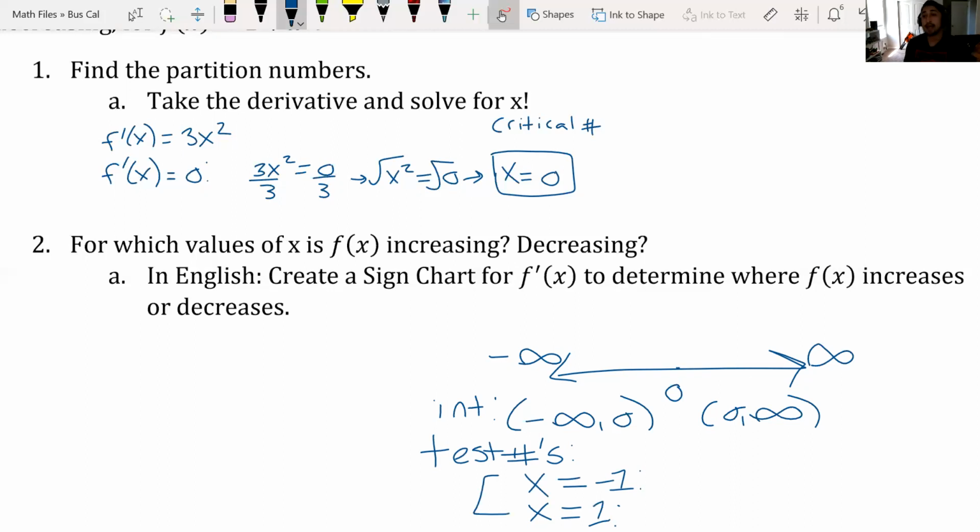This is a sign chart for the first derivative. So plug these numbers into the first derivative. Oops, scroll up a bit.